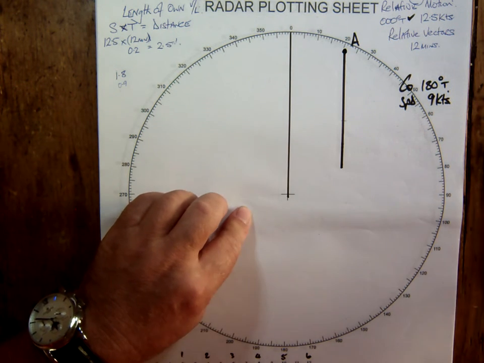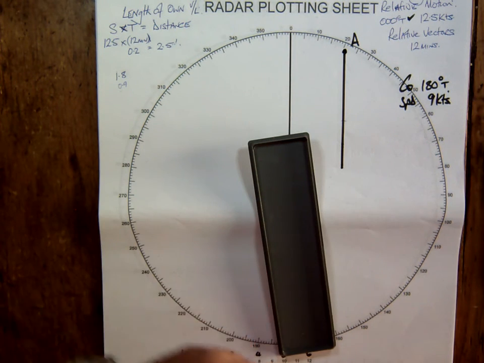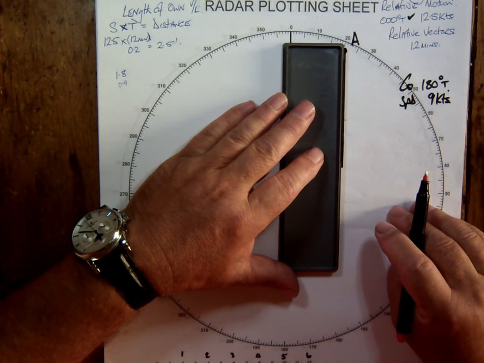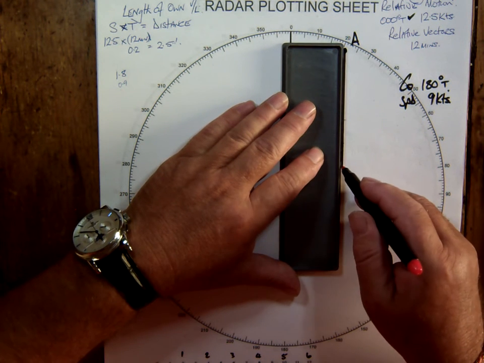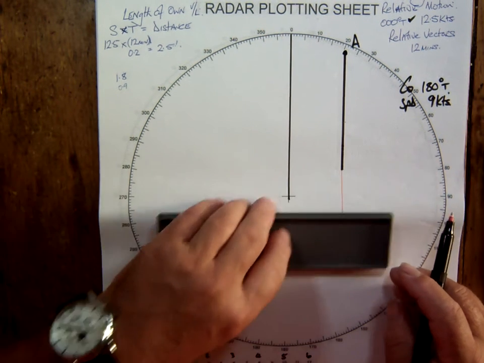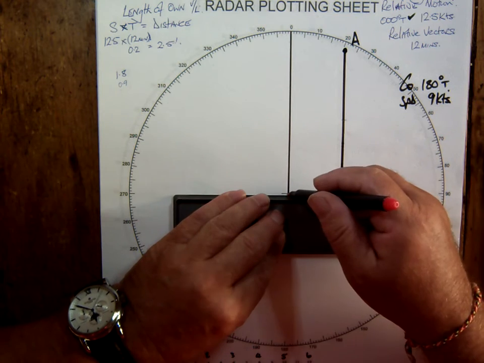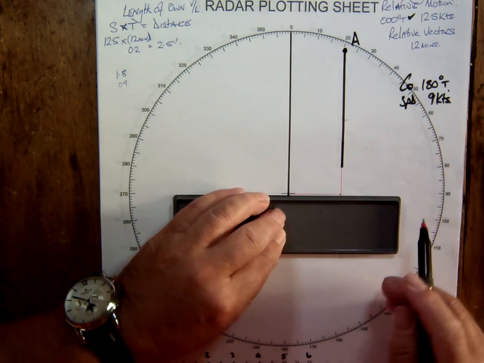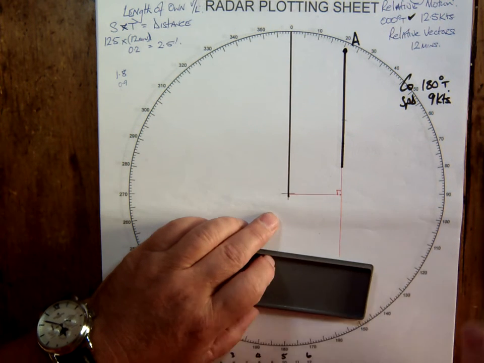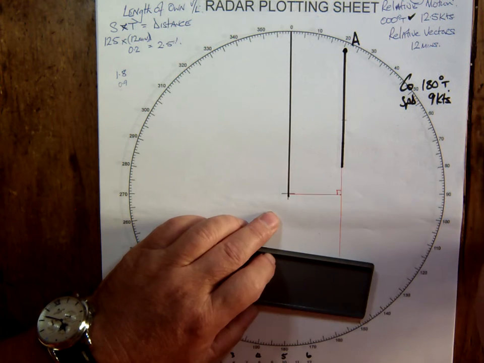Well, I can work out what her CPA and TCPA would be. Her CPA would be if I continued this line and then looked at right angles, so that's going to be the distance, and the distance is the time. But I know that this is here.